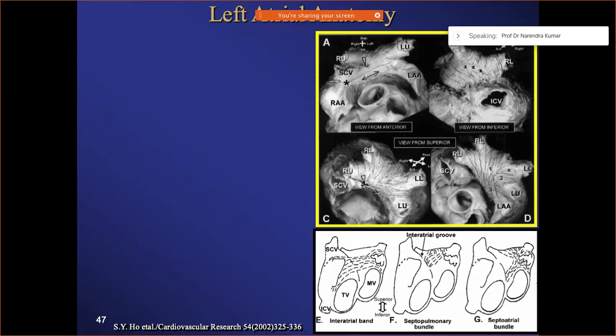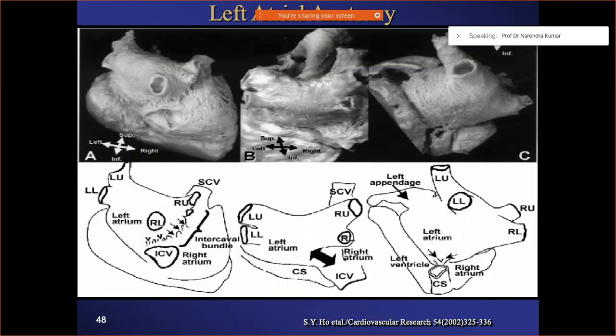That is why a lot of times AF ablation is not so simple, which a lot of people may claim, because of this difference in orientation as well. The wall is what is being attempted for the ablation, right?